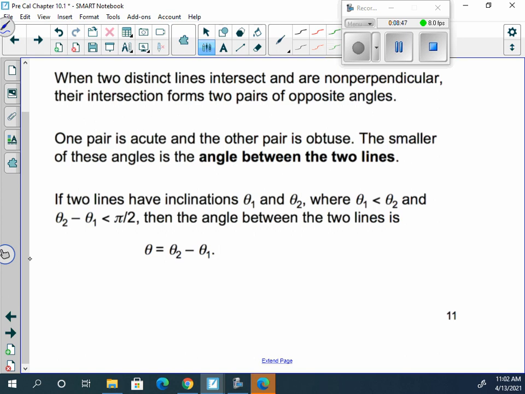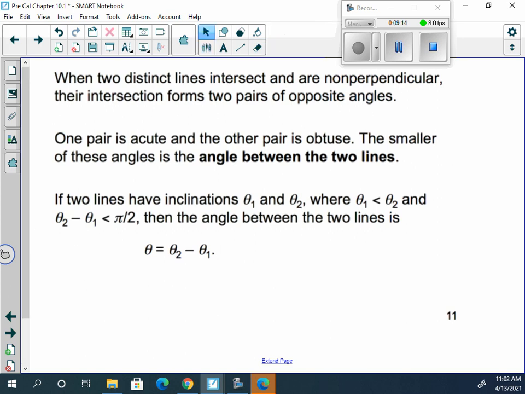And, well, even if it is barely equal to pi, the only way that I can subtract two angles and get pi over 2 is if one of them is pi and the other is pi over 2, or if theta 2 is bigger than pi, because that's the only way I can get to pi over 2. Otherwise, the angles will be small.